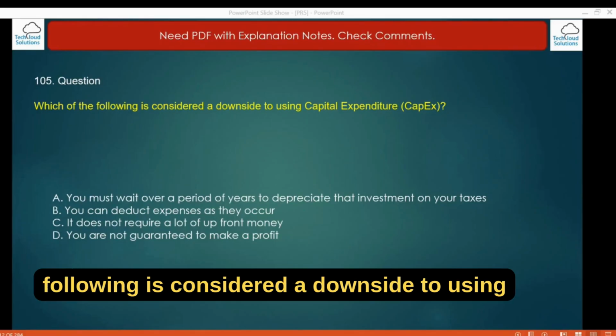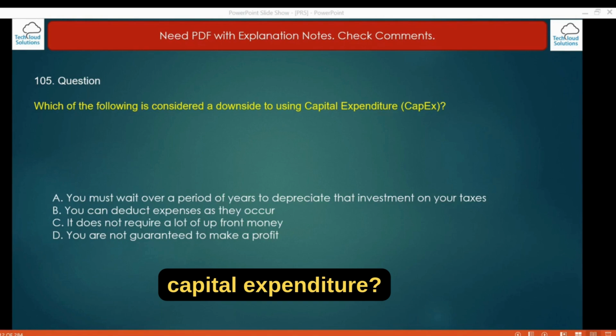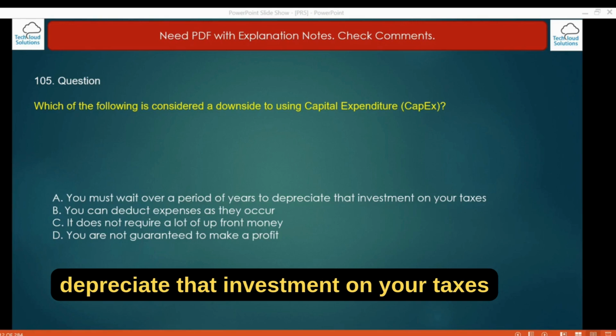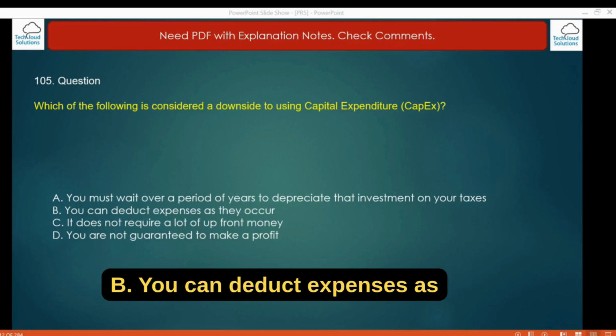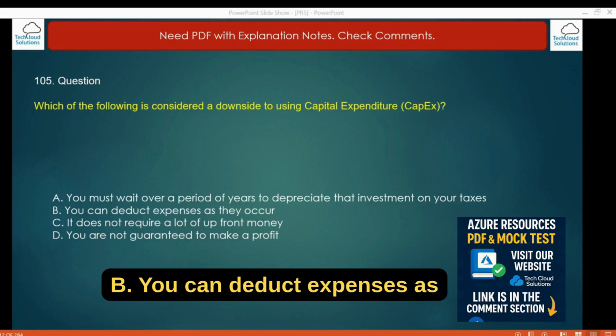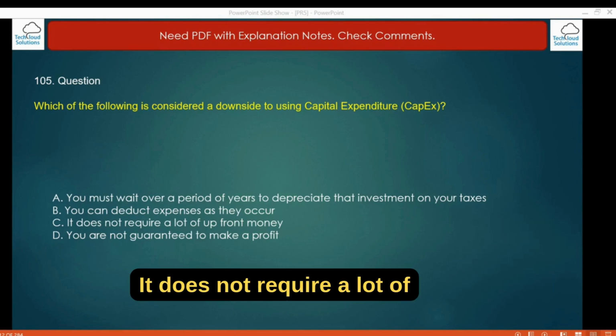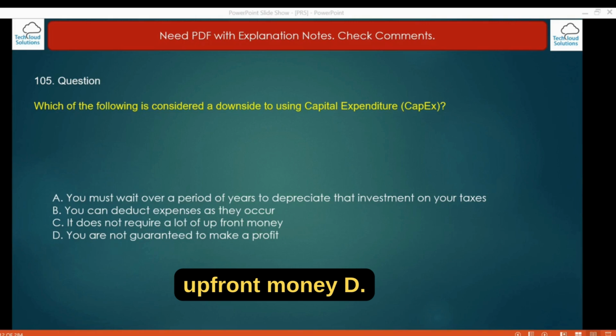Which of the following is considered a downside to using capital expenditure? And the options are A. You must wait over a period of years to depreciate that investment on your taxes. B. You can deduct expenses as they occur. C. It does not require a lot of upfront money.